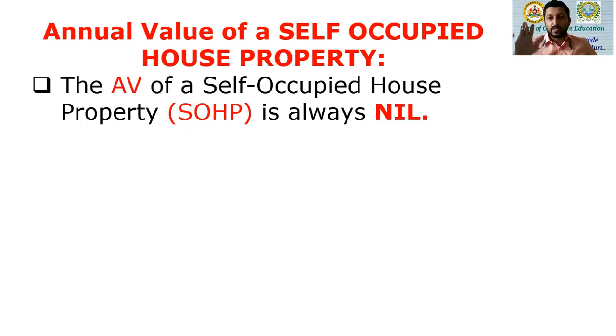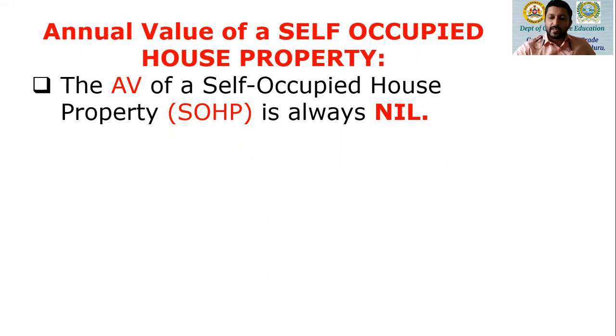Deduction under section 23 for municipal taxes paid by the owner was available for let out house property. In case of SOHP, no such deduction for municipal taxes paid is available. When it comes to net annual value, a 30% standard deduction is available in case of let out house property under section 24. No such deduction is available here. That is, no standard deduction is available.